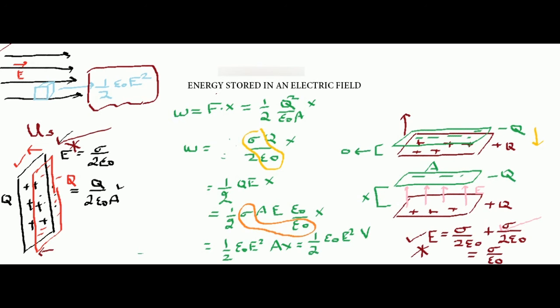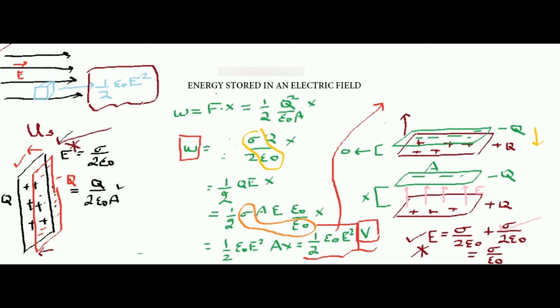So the work that I have done in separating the two sheets by a distance x, I have done a lot of work, and that work done has gone into creating this particular energy in the entire volume V. Now, can you tell me what is the energy per unit volume?